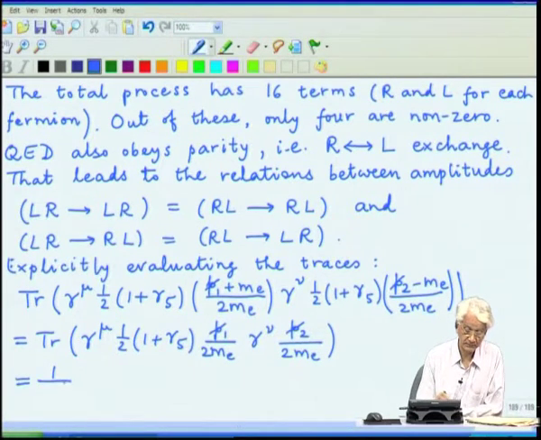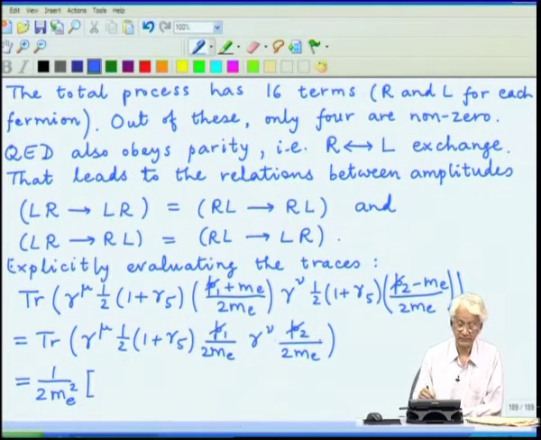There is a factor of 4 from the trace of the gamma matrices, and these denominators can be combined and pulled out, and now one just has to combine the dot products of various gamma matrices together. We just first evaluate the one part of the 1 plus gamma 5 and then the gamma 5 part.